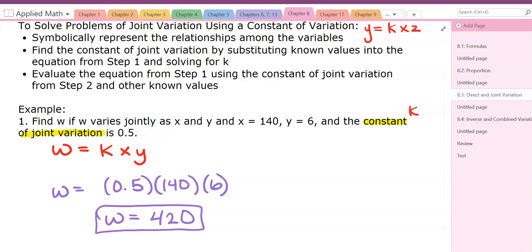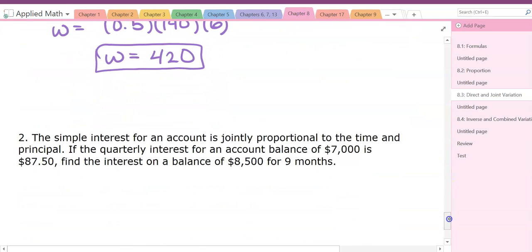Another instance that you see this happening, and we've talked about this equation in a previous chapter, is for a simple interest problem. Anyone remember what that equation is? I equals PRT. I had a student last year who would always say, I equals party, PRT.